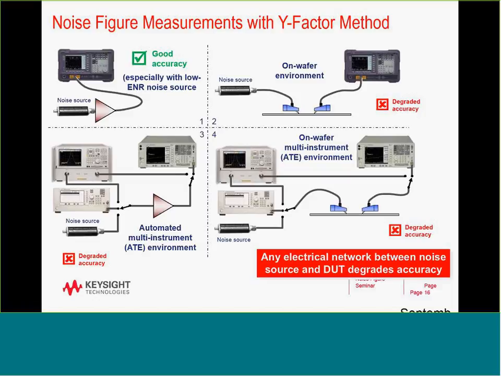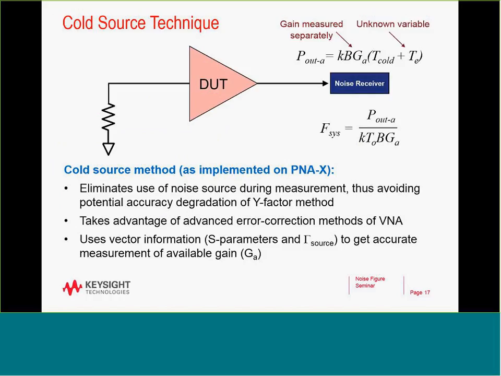The reason is that the source is now extended away from the device under test. There are losses and mismatches that affect the overall accuracy, and the assumption that the impedances are good no longer holds. So we're very careful when doing these types of measurements.